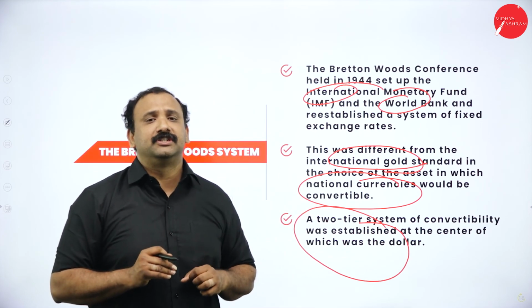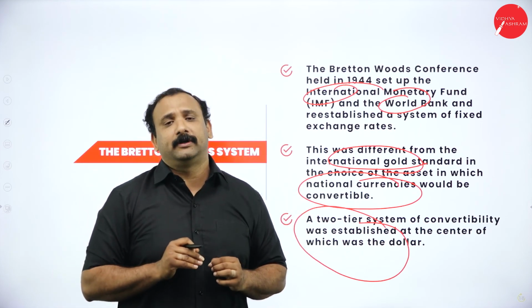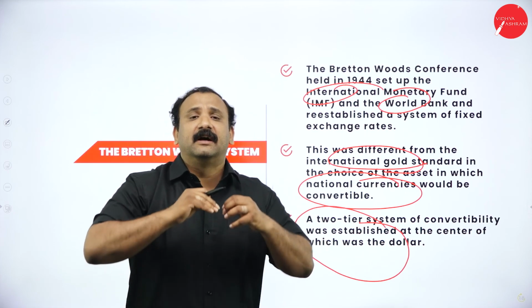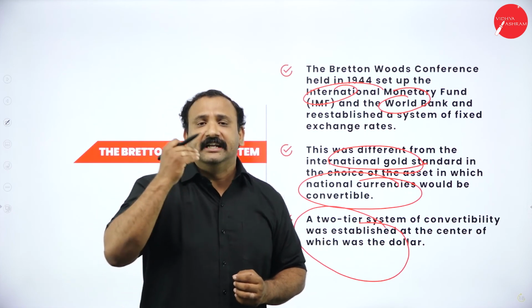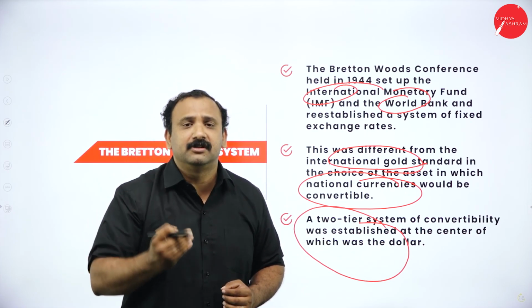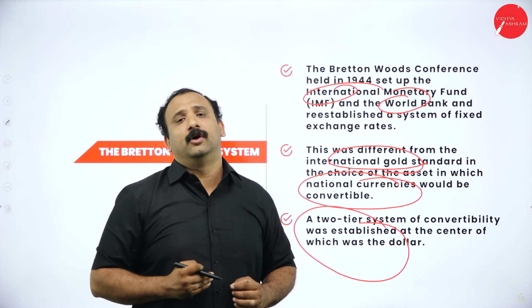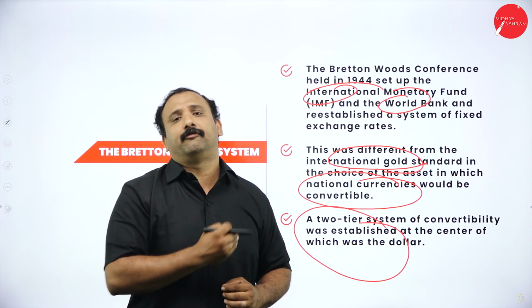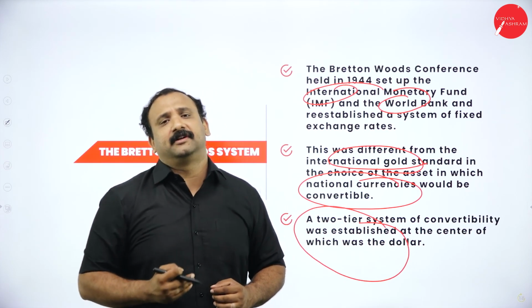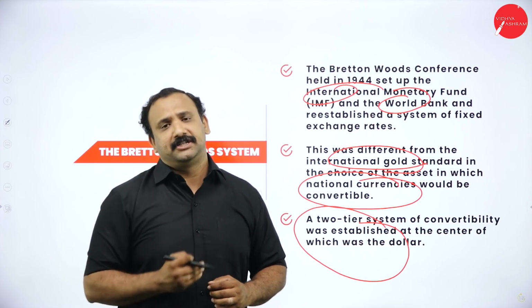So the Bretton Woods system was one of the most important things that created a complete differentiation in terms of valuation and in terms of understanding the foreign exchange market, and from that day onwards the dollar became the center of attraction for every other currency in the world to be benchmarked.